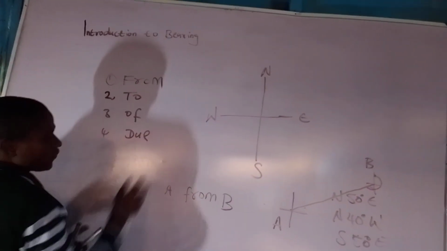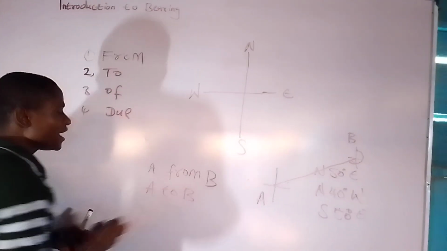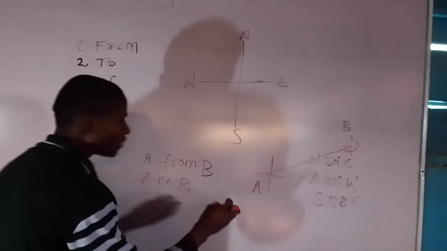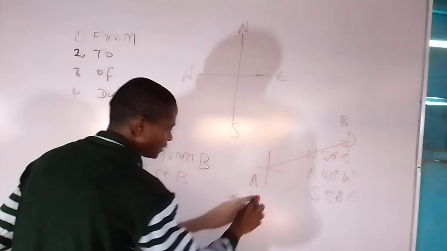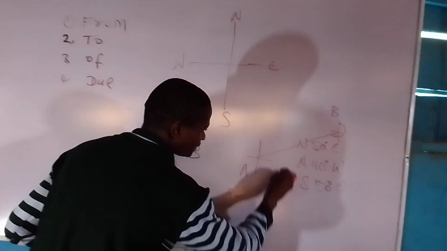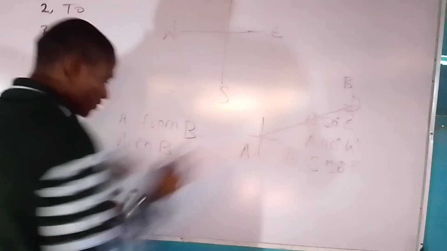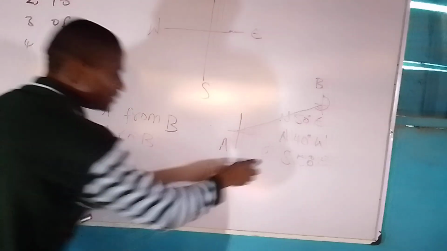Now look at this one. Let's say the bearing of A to B. Bearing of A to B is different from bearing of A from B. Sorry, this is the A bearing, and this is the B bearing. So what do we have? Bearing of A to B will start from what?